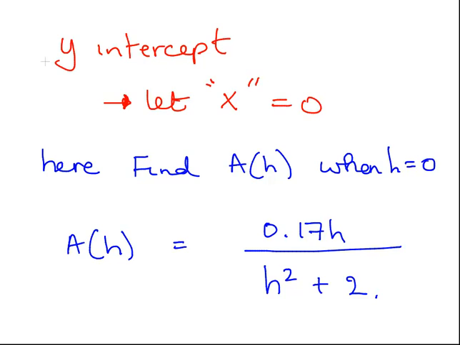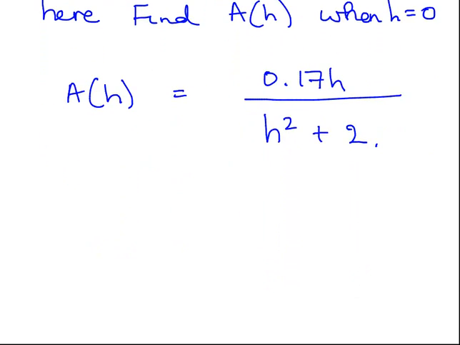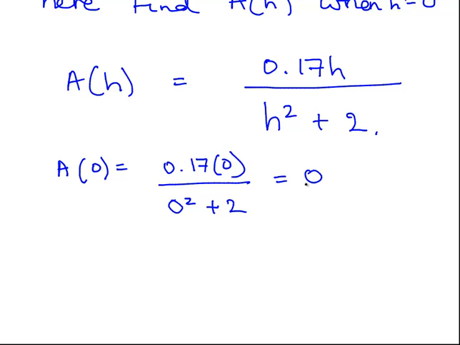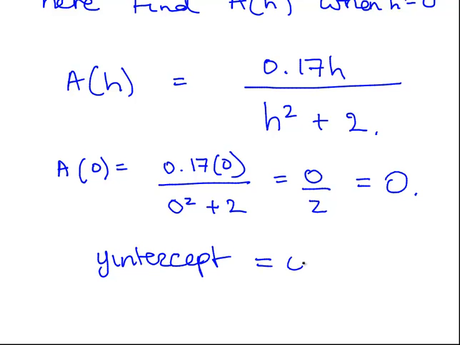So A(0) is equal to 0.17 times 0 over 0 squared plus 2. That's 0 over 2, and that is equal to 0. So the Y-intercept is also 0, that is (0, 0).